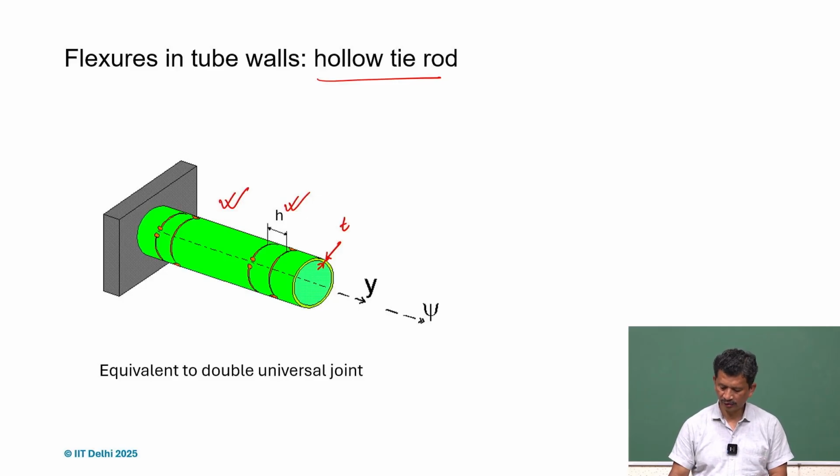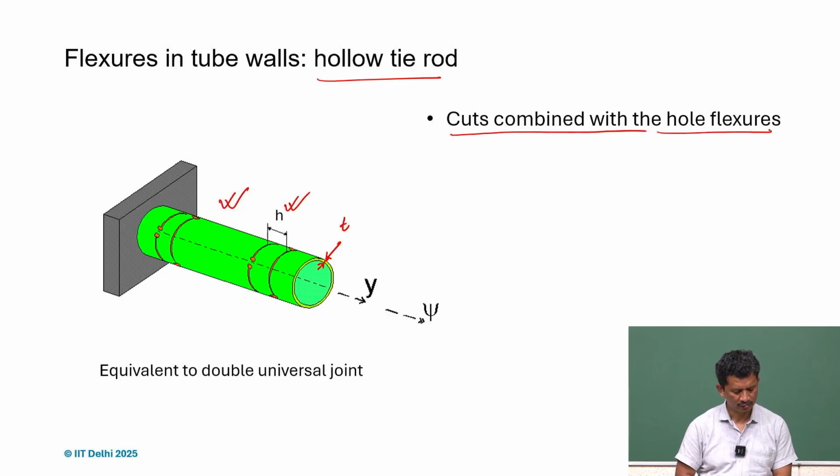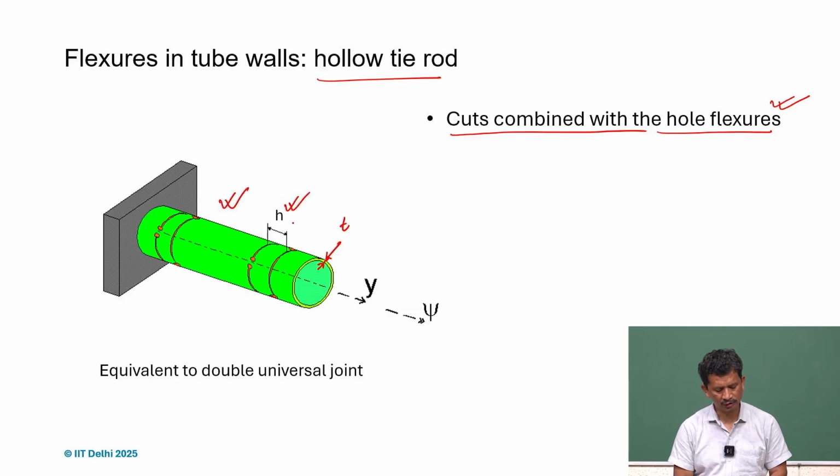What we have done here is make cuts, saw cuts, and we can also use hole flexures in this case, and between the two sections we also create a width h.